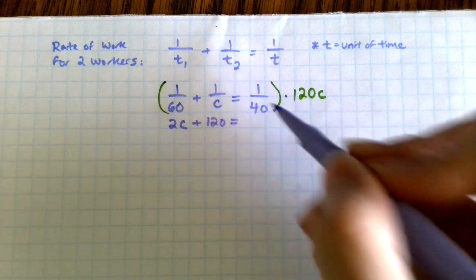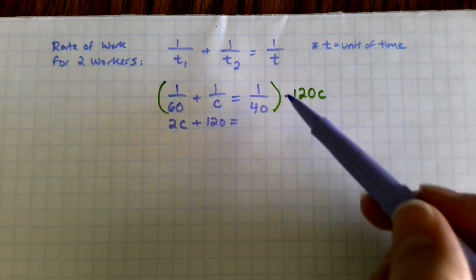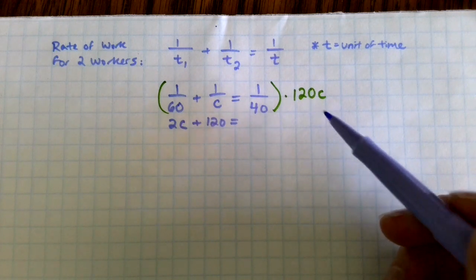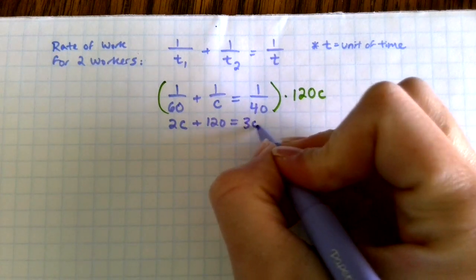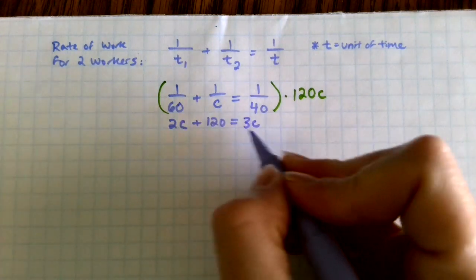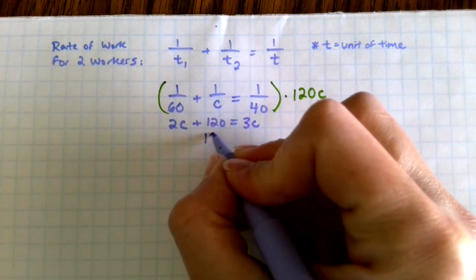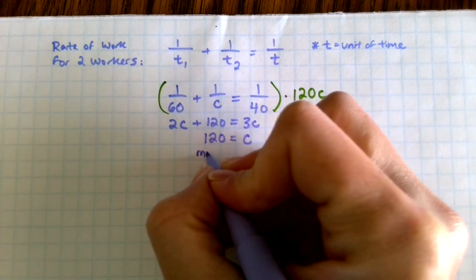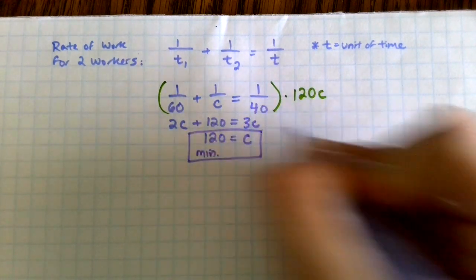And then the 1 over 40 times 120c is going to leave me with 3c. Then I solve this by subtracting 2c from both sides, and we have 120 equal to c. So 120 minutes is the amount of time that Claudia would take by herself.